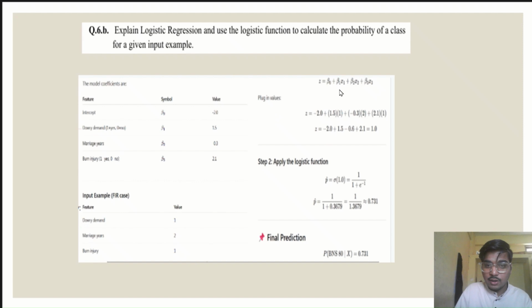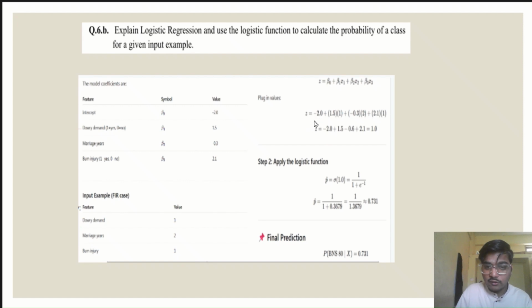Then we will plug in the values and calculate the z value as beta naught plus beta 1 z1 plus beta 2 z2 plus beta 3 z3, and we will calculate it by using the input example of a fire case where the dowry demand value is 1, marriage years is 2 and prior injury is 1.